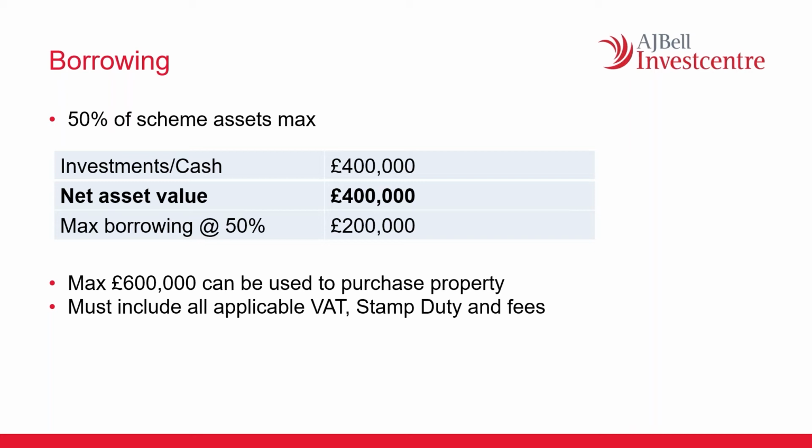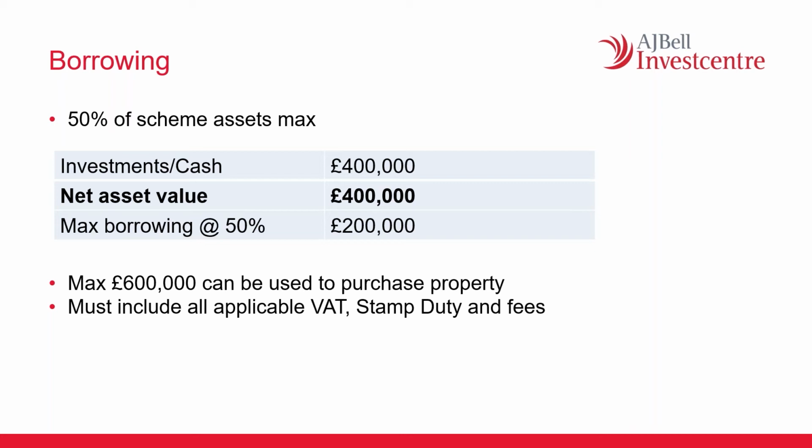The pension scheme is allowed to borrow 50% of the scheme assets as a maximum. So as an example, if there's cash and investments in the pension of £400,000, that is the net asset value, your maximum borrowing will be 50% of that, which is £200,000. So you have £600,000, assuming all your investments are cashed in, which is available to purchase the property.